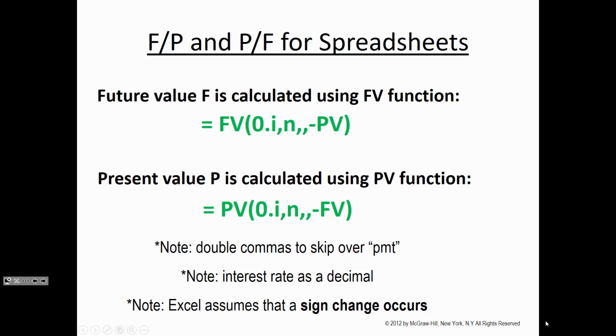FV means find the future value. PV means find the present value. In these types of problems, you'll be having an interest rate, and you have to put it in as a decimal. And so if it's 8% interest, you need to put 0.08 in the first field. If you put 8, then it would think 800% interest. And your answers would be really, really strange for that.